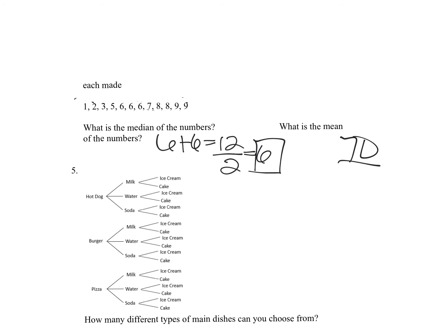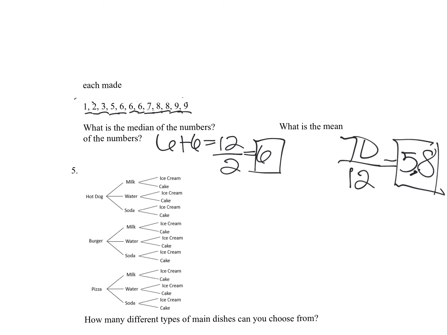Okay, there are 1, 2, 3, 4, 5, 6, 7, 8, 9, 10, 11, 12 numbers. So I'm going to go 70 divided by 12, and I get 5.8. So remember, to find the mean or the average, we add them all together and divide it by how many we had. When we added them up, we got 70. Then we divided by 12 and we got 5.8.